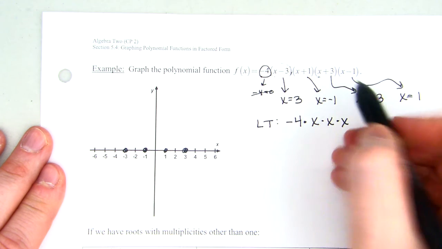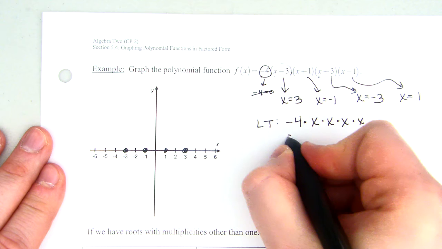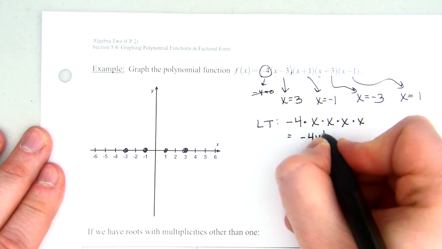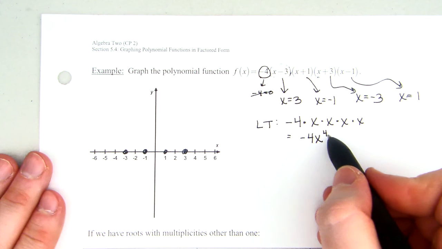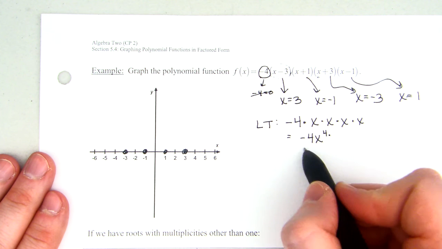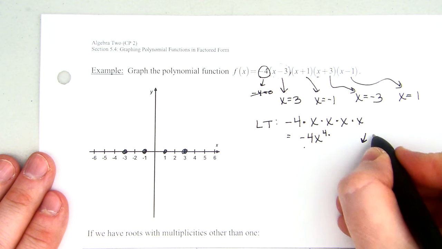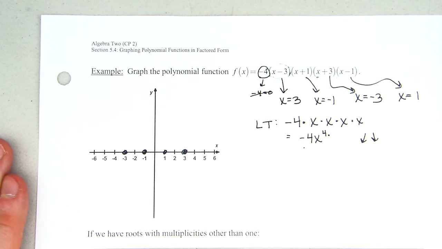I've got another x there, I've got another x there. This gives me -4 x to the 4th. Using what we did in the previous section, what will the end behavior be? Even, so they're going in the same direction. Negative number out front, so down and down.